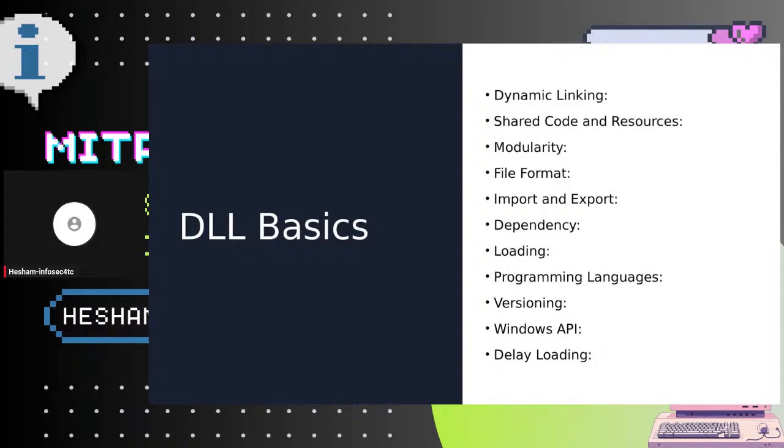So DLL supports modular programming by allowing developers to organize code into separate and manageable units. These DLLs contain a set of related functions or features, as I said in the last slide. Maybe it contains some useful functions related to network connectivity and so on. The file format for a DLL is .dll.